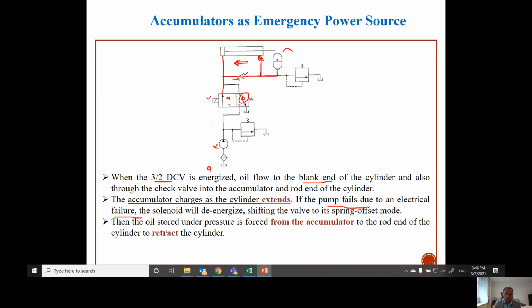Okay, so the oil stored under pressure inside the accumulator will be forced to flow to the rod end, and the cylinder can finally be retracted even though your pump is broken. So you are still able to bring the piston back to the original position even though something happened to the pump during the operation. So this is how an accumulator acts as an emergency power source.